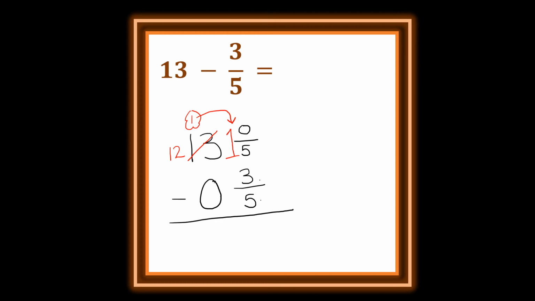Now I can change this mixed number into an improper fraction. 5 times 1 is 5, plus 0 equals 5. So I have 5 over 5, which makes sense because that equals 1. And then I'm going to have 3/5 here. And 5 take away 3 is 2/5. And 12 take away 0 equals 12.